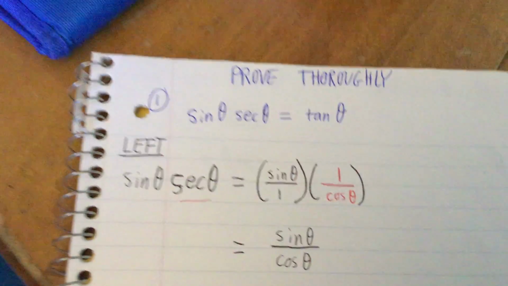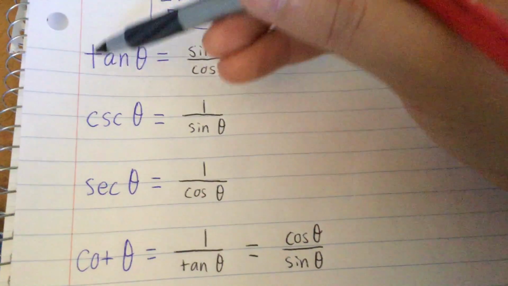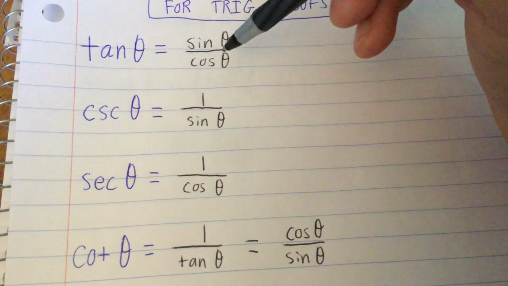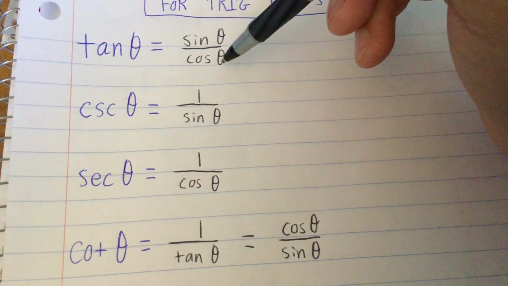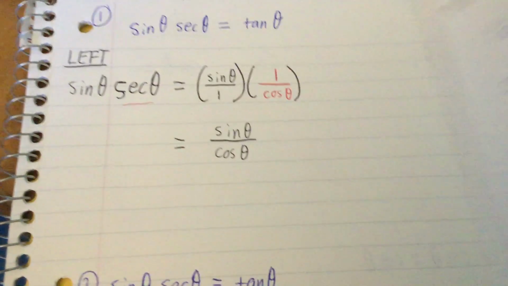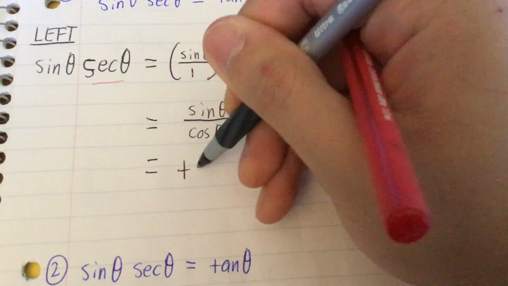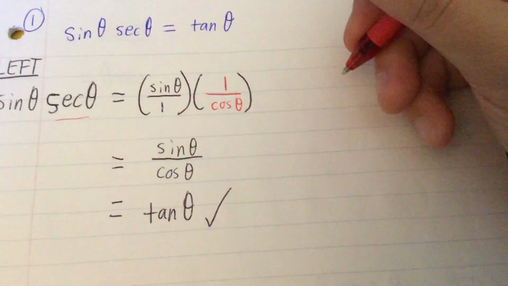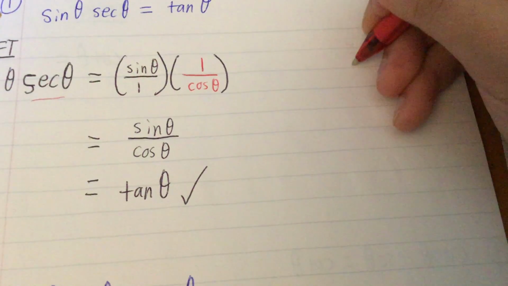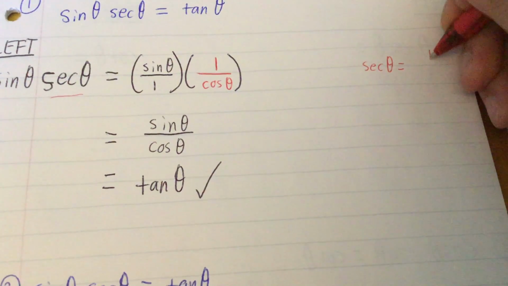Well, looking at the list of rules, you'll notice that even though it's left tangent is equal to right sine over cosine, we can also go backwards. Sine of theta over cosine of theta is equal to tangent of theta. And that's what we wanted all along. So I'm just going to cite my rule over here. So in other words, all I did was say that secant of theta is equal to 1 over cosine.